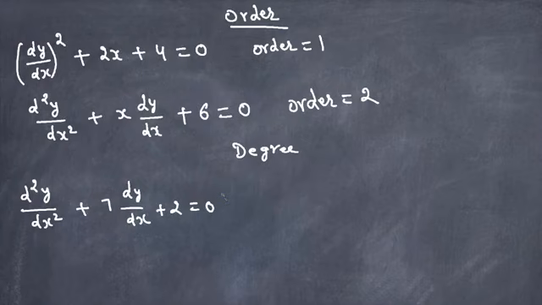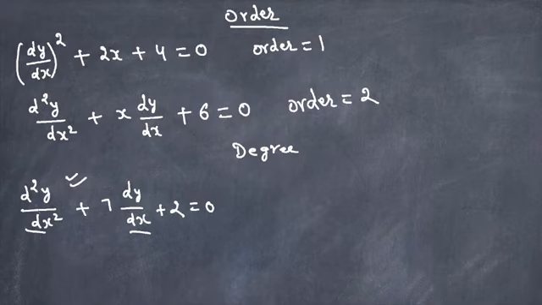The degree of a differential equation, in a simple way, is the power of its highest derivative. In this differential equation, which one is the highest derivative? This term or this term? This is a first derivative, this is a second derivative, so this is our highest derivative.